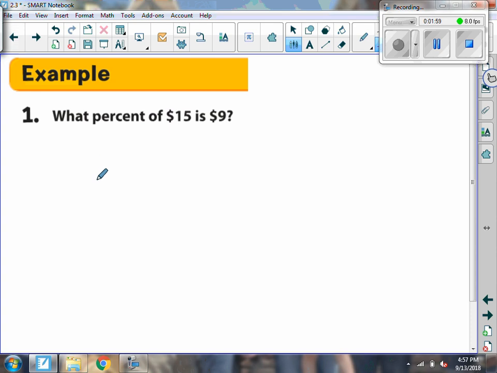Okay, so remember, we have our part over our whole is equal to our percent over 100. Our keyword for part is "is," our keyword for whole is "of," and our keyword for n, our percent, is the percent sign. So let's start with "is" here. Does the "is" go with the 9 or with the 15? Let's think about that.